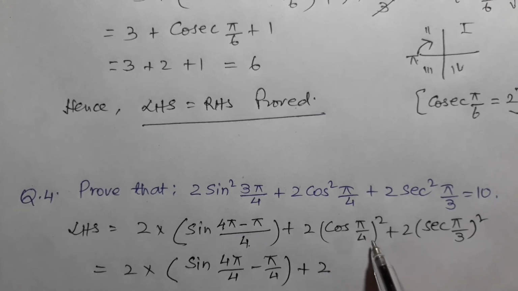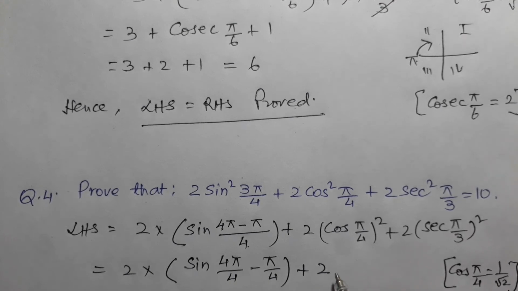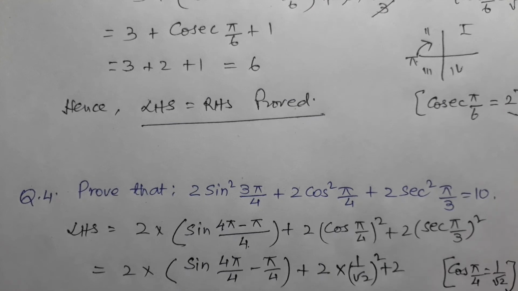pi by 4 is equal to 1 by root 2. This is the value of cos pi by 4, so we shall write here 1 by root 2 square plus 2, and sec pi by 3 value is 2, right?